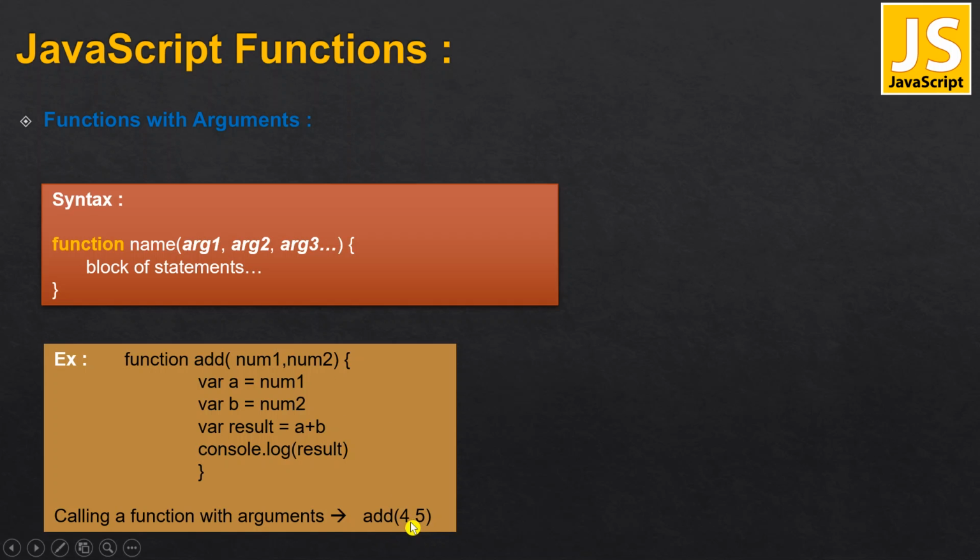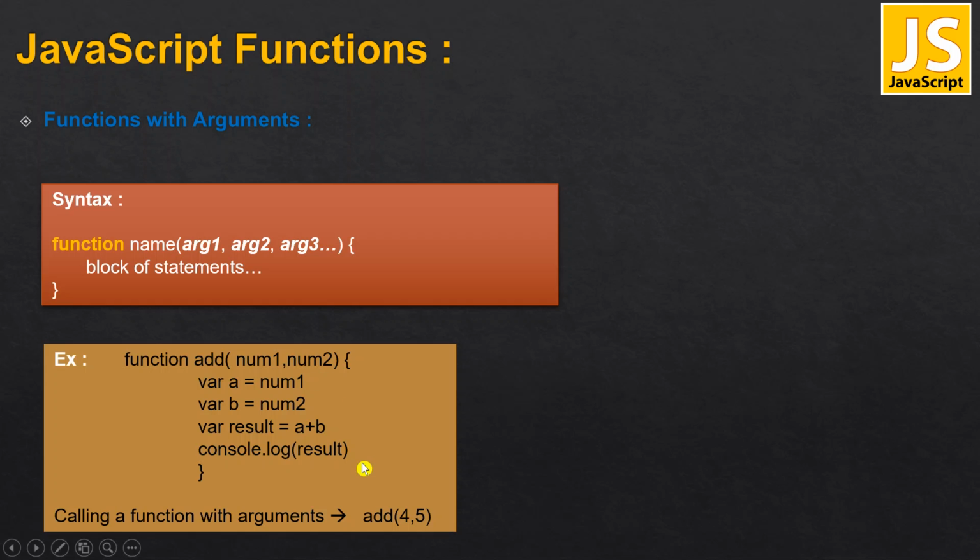So 4 will be the user input and 5 will be another user input. You need to know the mechanism behind it. After giving the data as arguments, the first argument 4 will go and store in the first parameter only, the num1 variable, and 5 will go and store in num2 only, not in num1.